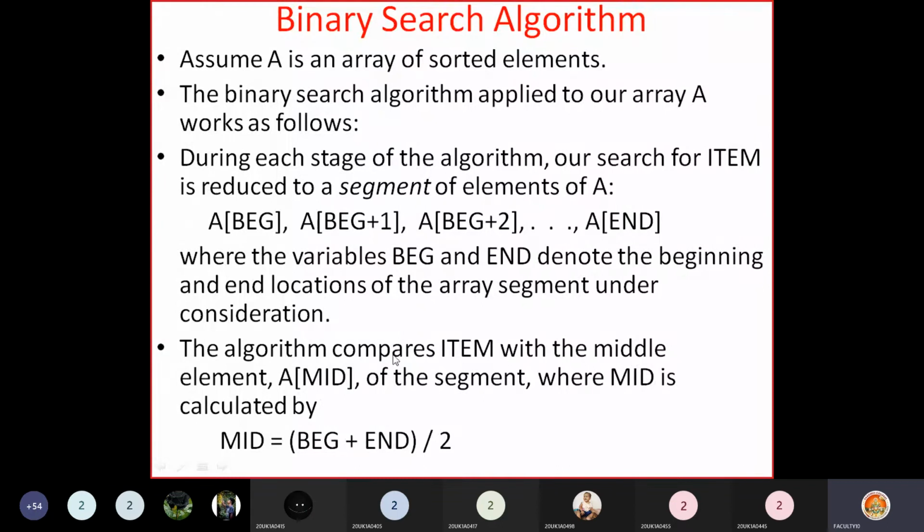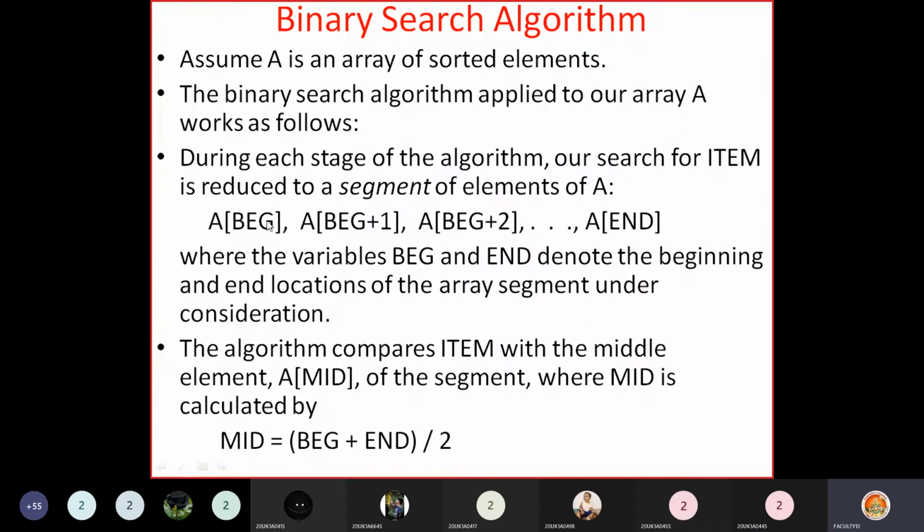The algorithm every time compares the item with the middle element, A of mid. It finds A of mid, where mid is calculated using this formula. We use another variable called mid, and we calculate mid first. Mid is nothing but beginning plus end divided by 2, where beginning indicates the beginning location, initially 0, and end indicates the ending location of the array, which will be n minus 1.